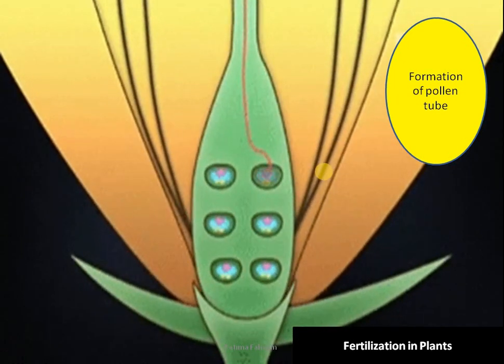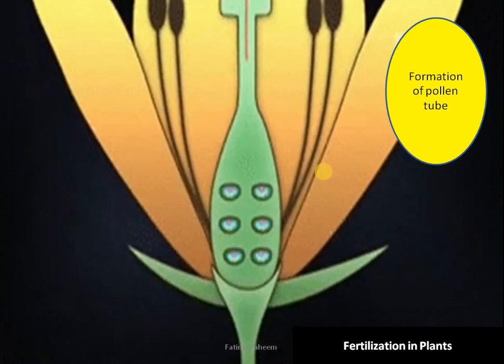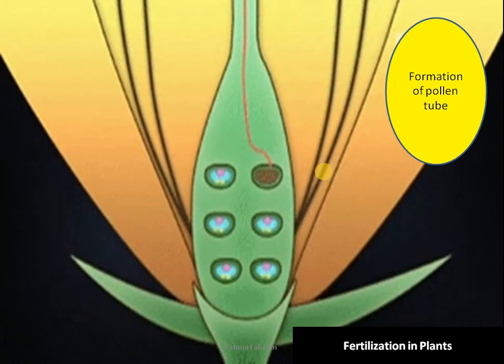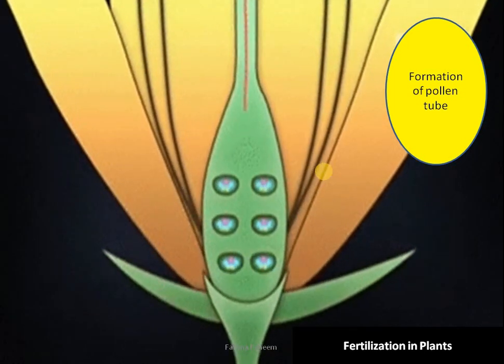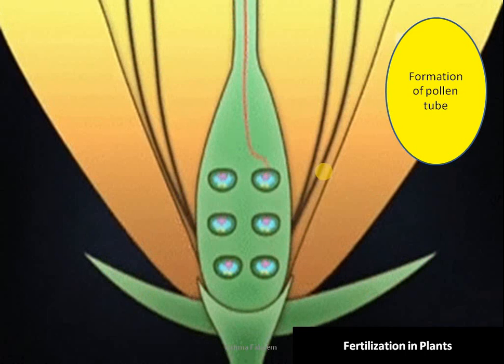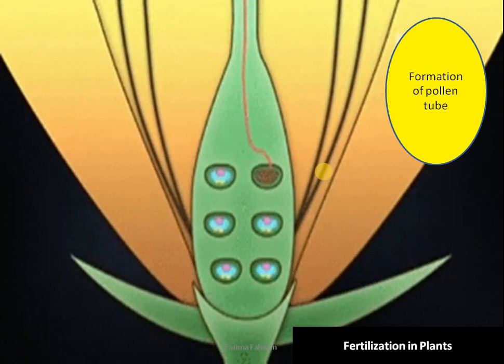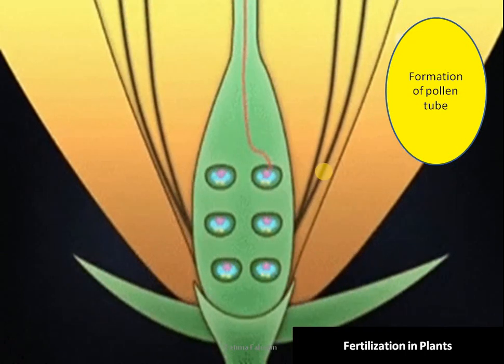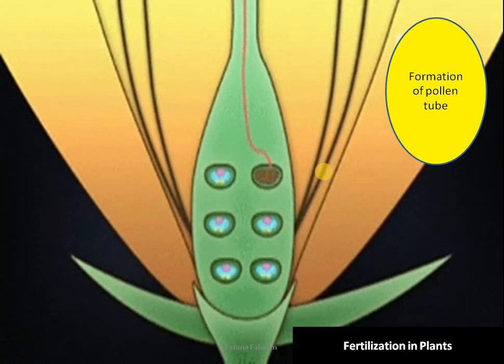One is called the egg or the ovum, while the other is called the definitive nucleus or polar bodies. So one male gamete from the pollen tube coming into the ovary and the ovule will fuse with one female gamete, while the other male gamete will fuse with the second female gamete in the ovule.